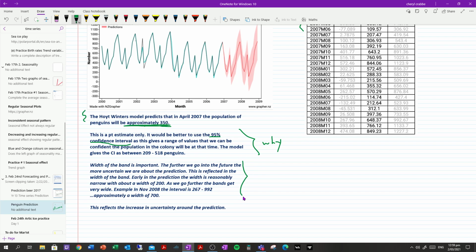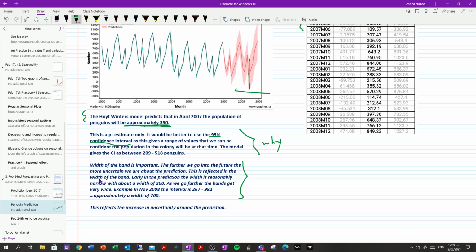Now you can talk about the bandwidth to some extent. That's a nice little conversation, because you will notice that the confidence interval gets wider as we go further and further into the future. And that's because we're more and more uncertain about what happens in the future. So the width of the band is important. The further we go into the future, the more uncertain we are about the prediction.